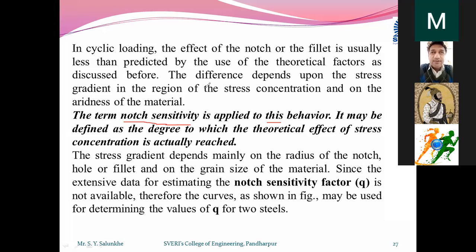Near the stress concentration area, we are going to get the first crack, which is the start of the failure. And this behavior is applicable when we consider cyclic loading.